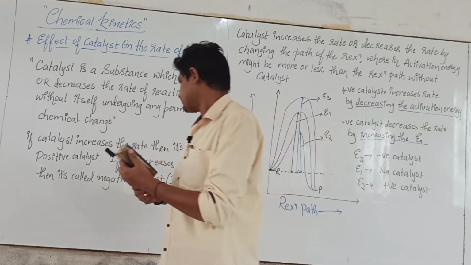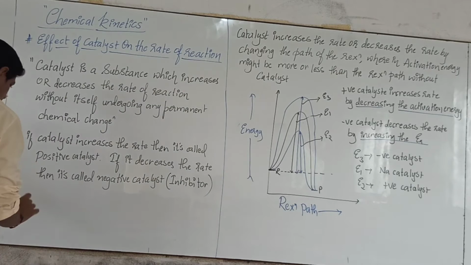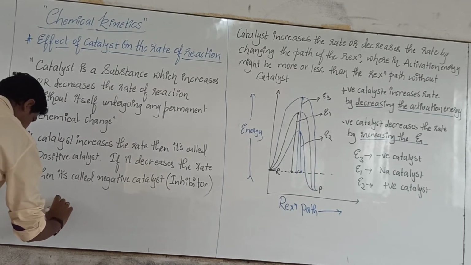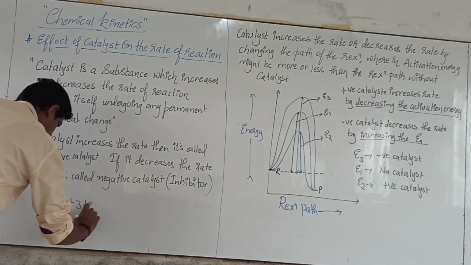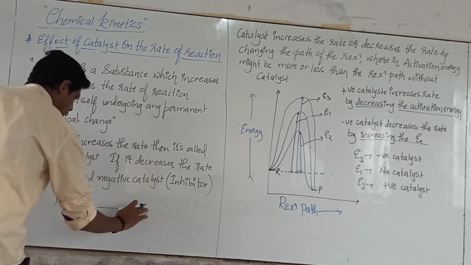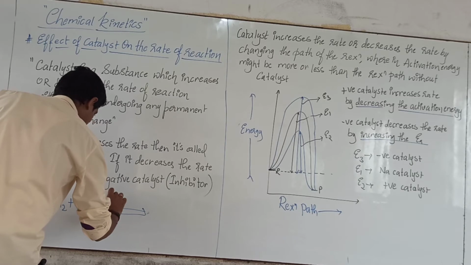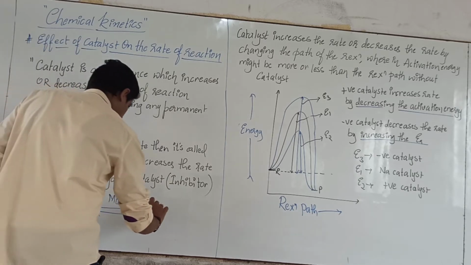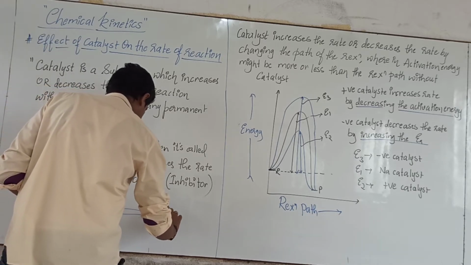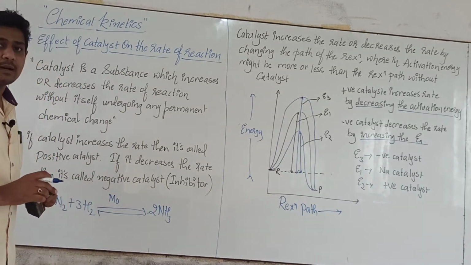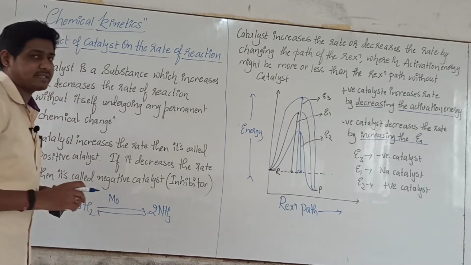For example, here, nitrogen and 3 moles of hydrogen undergo a reaction in the presence of molybdenum, and 2 moles of ammonia are formed. So in this reaction, what will happen? Molybdenum is a metal.